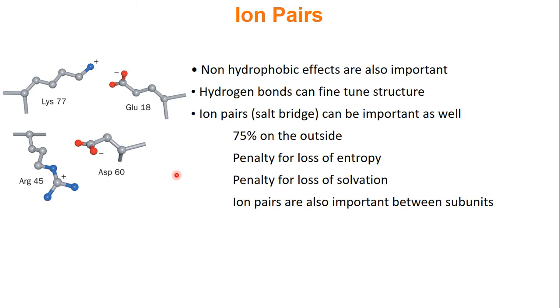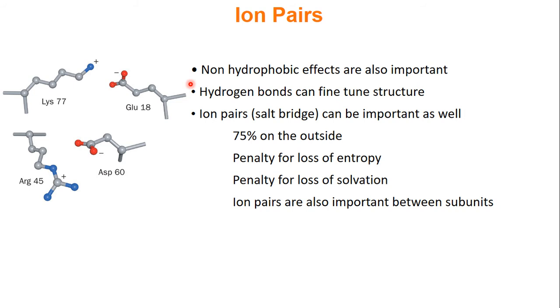Now, aside from hydrophobic effects, we also have ion pairs or electrostatic interactions and hydrogen bonds as well. So hydrogen bonds, be it through the backbone or polar molecules, overall they don't really play that big of a role in stability.